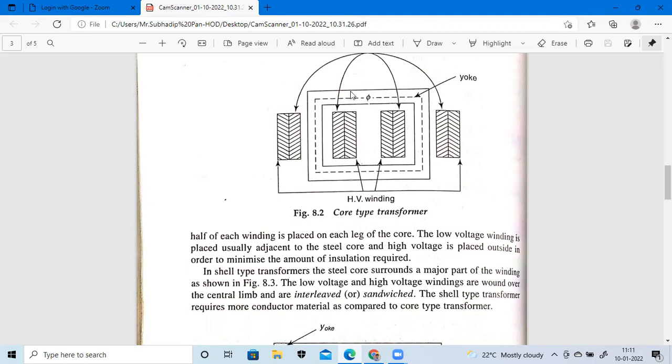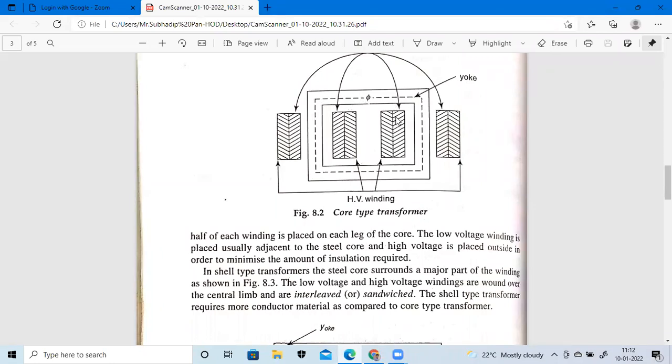This vertical part of the core, from here up to here, is known as the limb, and this horizontal part of the core, from this point to this point, is known as the yoke of the core. So you have to keep this nomenclature in mind. The vertical part is the limb, and the horizontal part is the yoke.